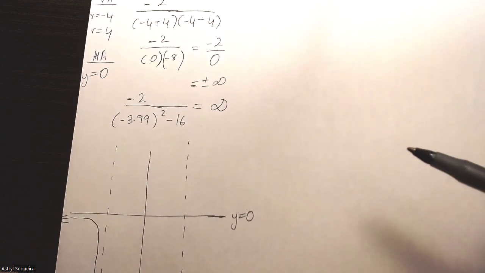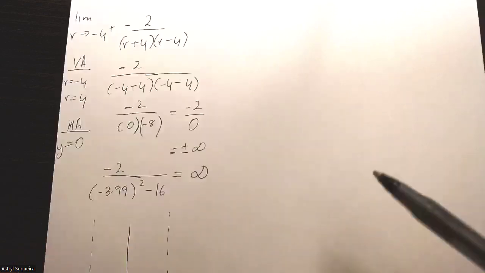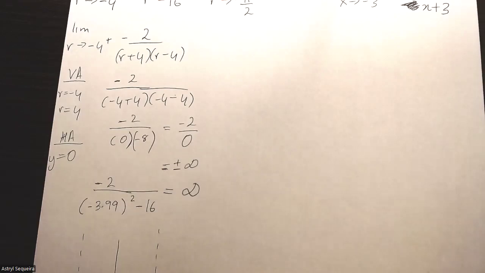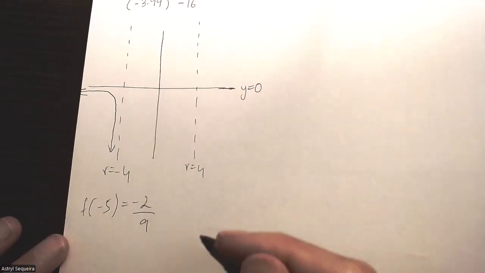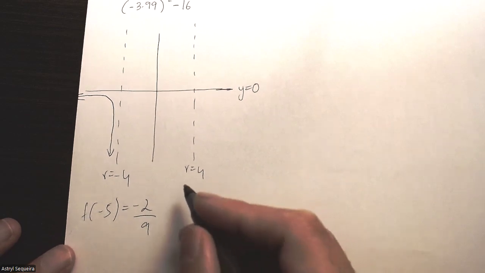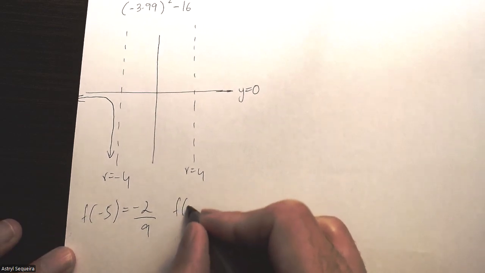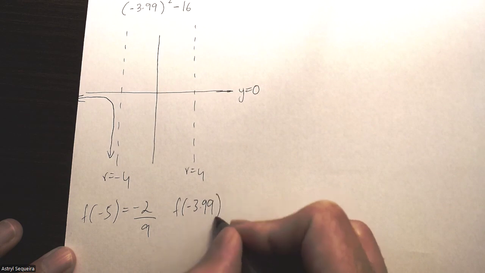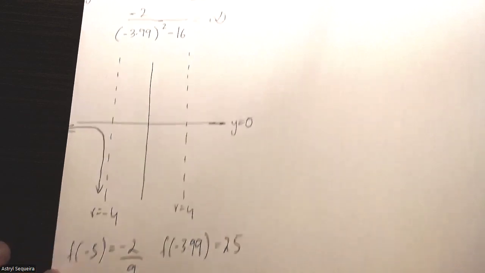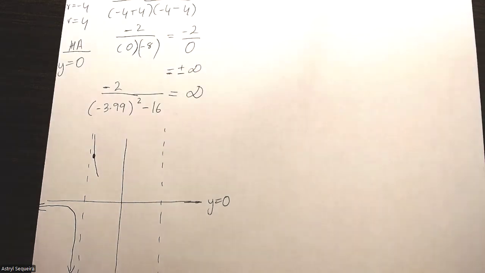And then I can sub in -3.99, which I already did over there. When I subbed in -3.99, I basically got 25, which is somewhere over here. So I know that the graph is going somewhat like this.